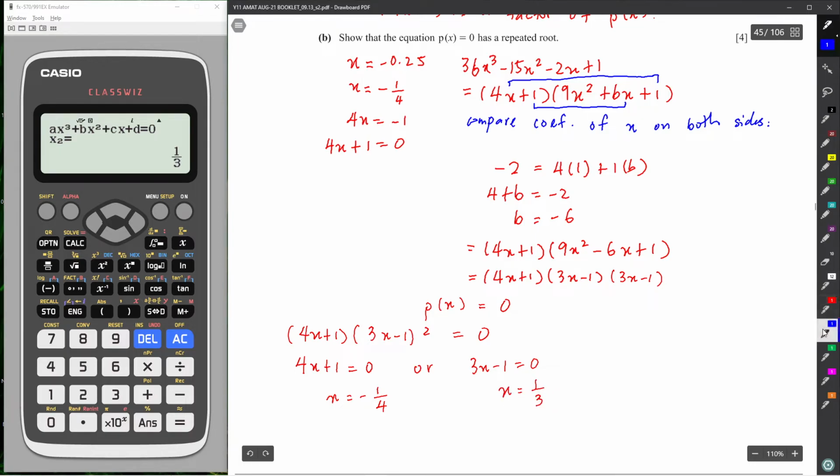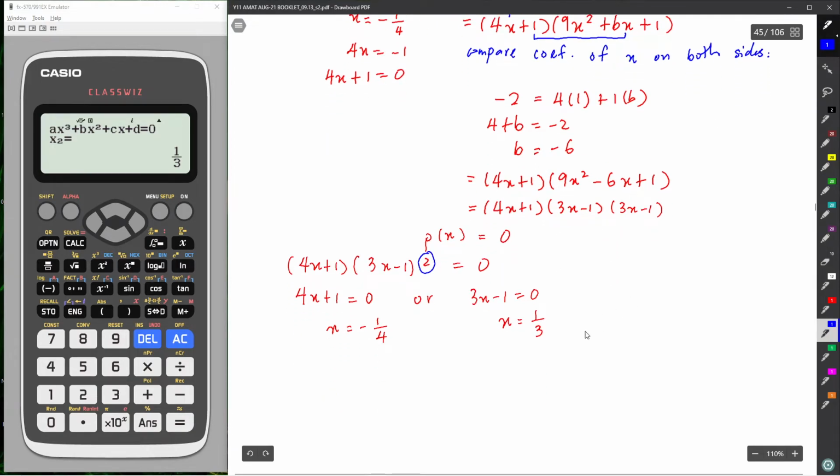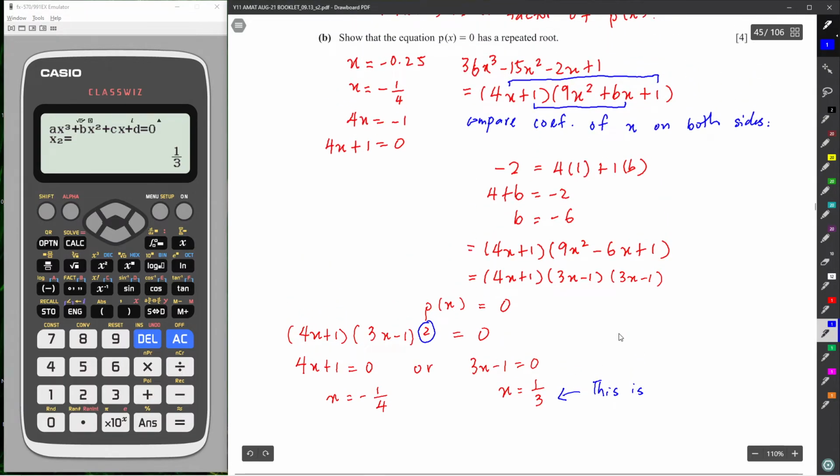So this square here suggests that for this equation, we have a repeated root. So here, we can actually point here and write down: this is the repeated root of P(x).